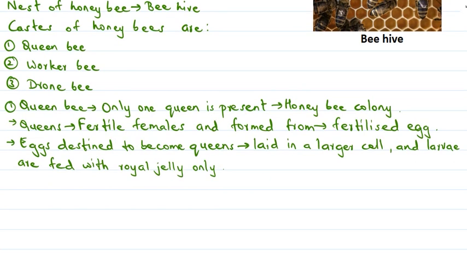So the royal jelly, what is it? We had already discussed this in our previous video, that royal jelly is also known as bee milk. It is a salivary secretion of the worker bees. So the adult queen's sole duty, what is the sole duty of an adult queen bee?